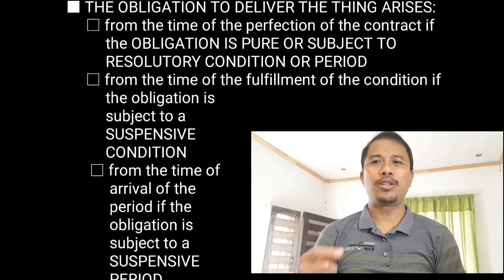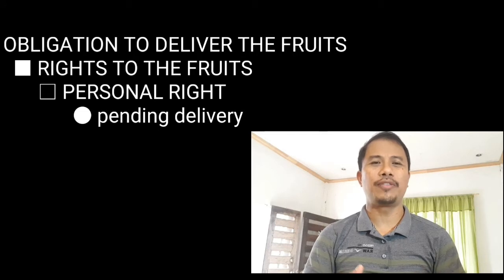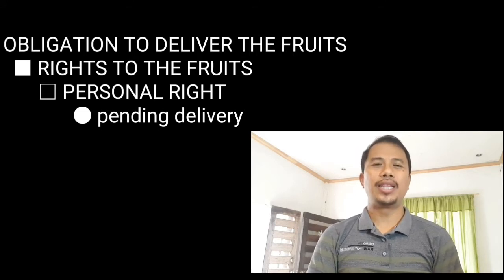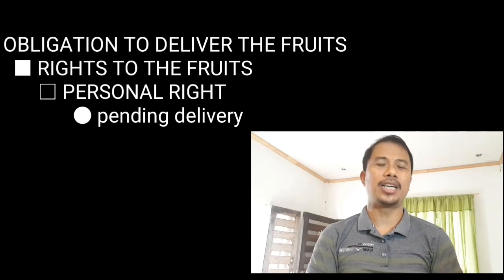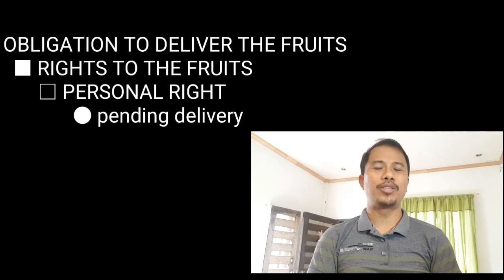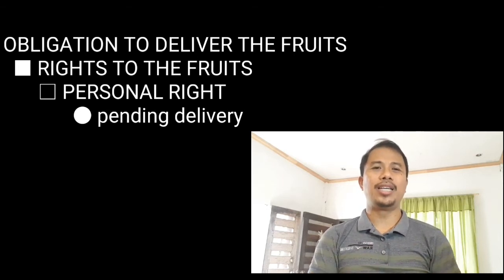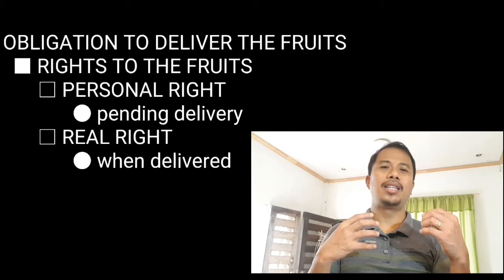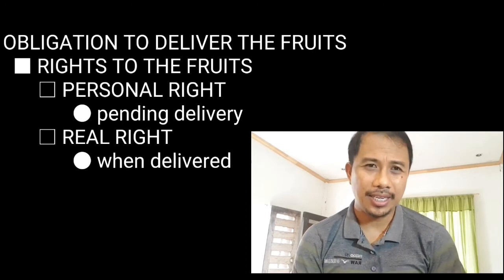Okay. So the right to the fruits, there are two classifications of rights. When the thing is not yet delivered, then the right of the creditor to the fruits is only a matter of personal right. But when the thing is already delivered, then the right of the creditor to the fruits is already a matter of real right.